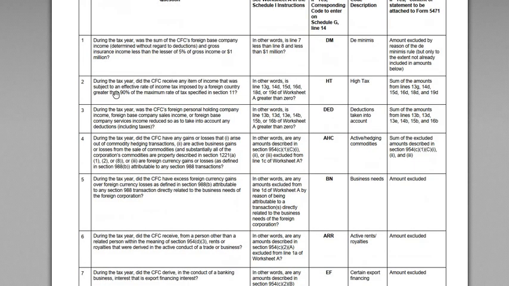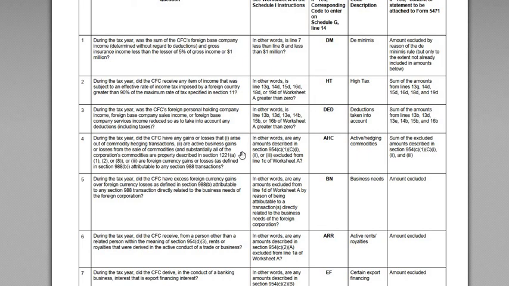So that's, and then line item 2 is a high tax exemption. Right, so did the CFC receive any item of income subject to an effective rate imposed by a foreign country greater than 90% of the maximum rate of tax specified in Section 11, right? So that high tax exemption effectively is, look, if you're a CFC and you're paying a lot of really high taxes in the foreign country where you are a CFC, under the high tax exclusion, you can exempt that income from the Subpart F inclusion, right?